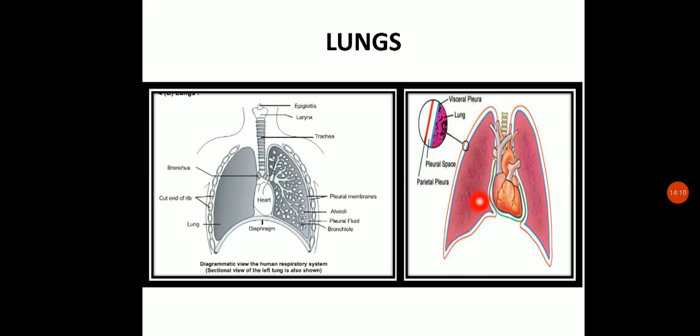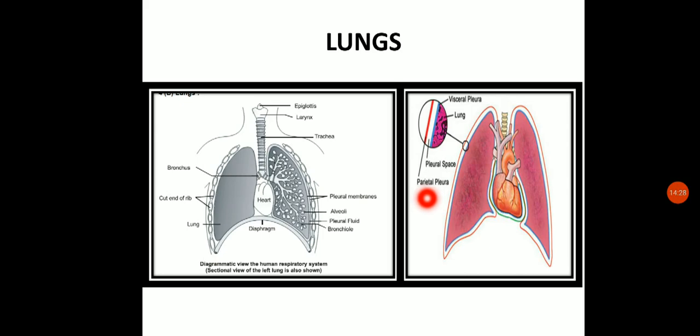So these lungs are enclosed in a membranous structure. There are two membranes present on the surface of the lungs: the parietal pleura, which is the outer membrane, and the visceral pleura, which is the inner membrane.